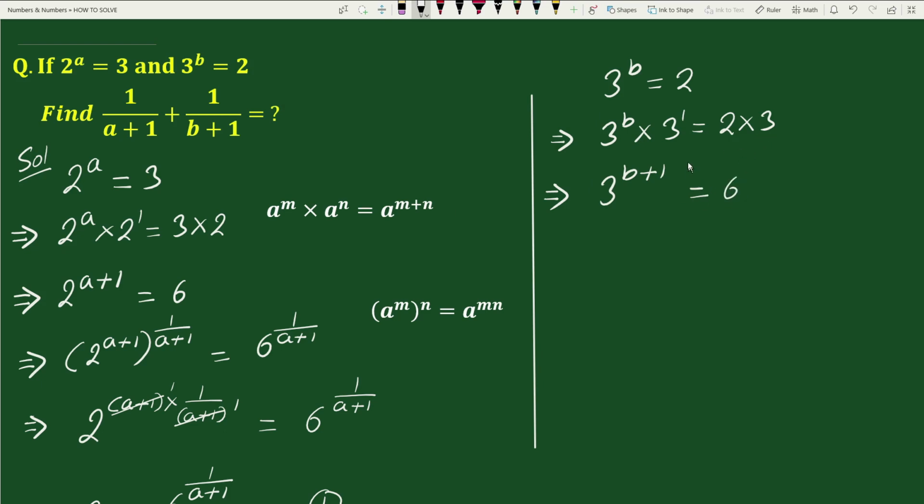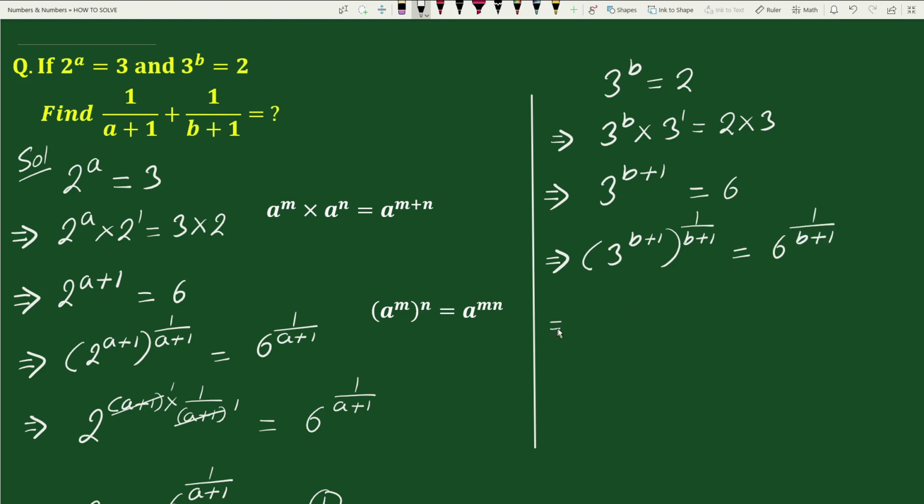Now taking power 1/(b+1) on both sides, we get (3 to the power b+1) whole to the power 1/(b+1) equals 6 to the power 1/(b+1).